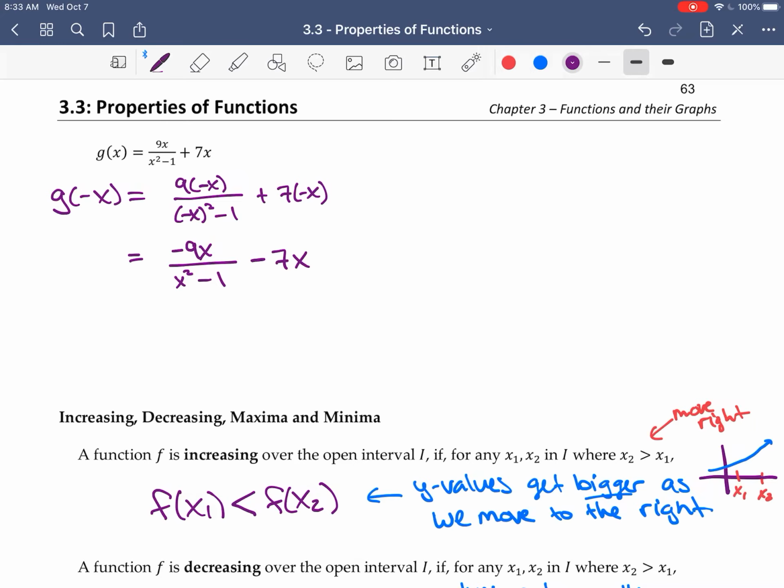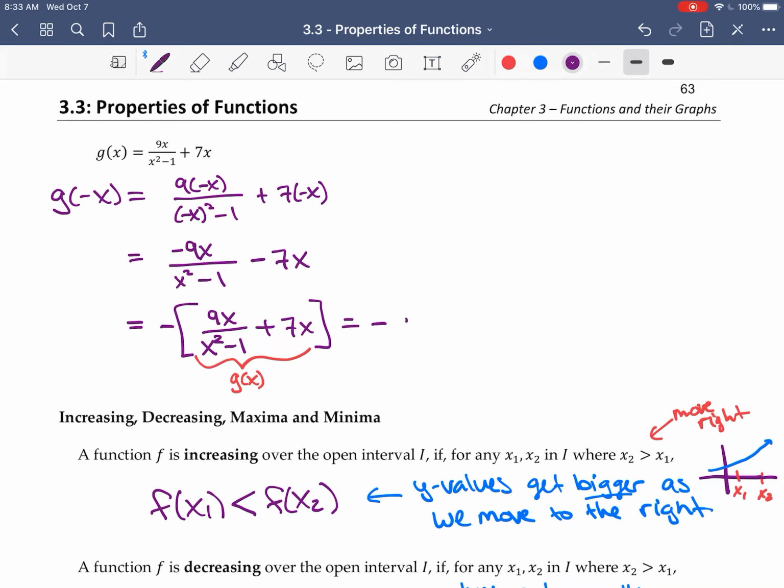Now I want it to look like g of x. Right now it doesn't really, but I notice that both the terms have a negative, so I can pull out that negative. Then I'm going to have 9x over x squared minus 1, and then plus 7x, because this negative would have to go into both terms to give the negative both. And then we can see that this part here is g of x, exactly as it was.